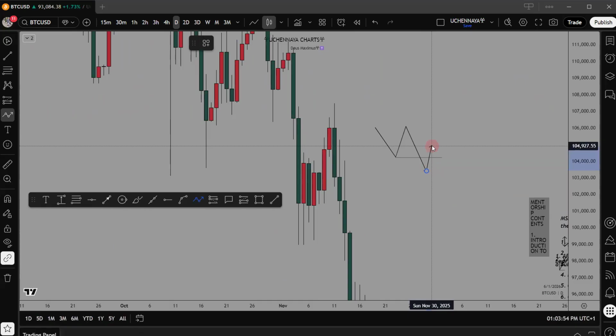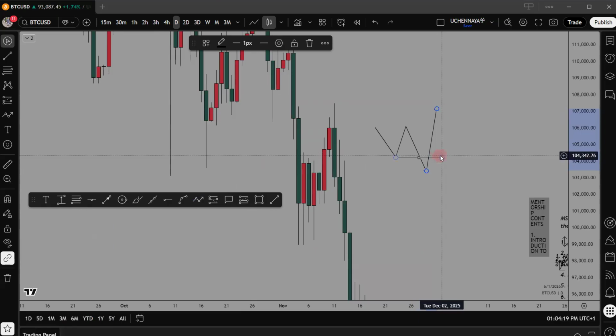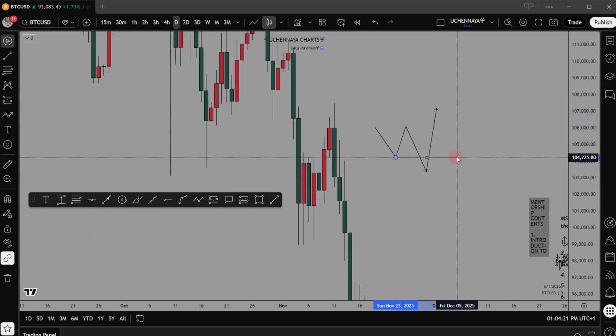A bullish QML is an SBR that gets broken, turns into a resistance, and then that same resistance gets broken again. It now becomes a new support.